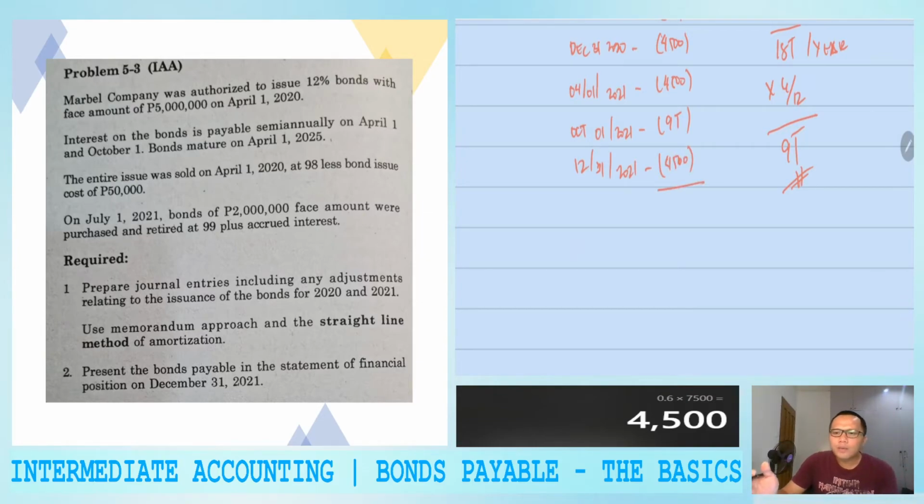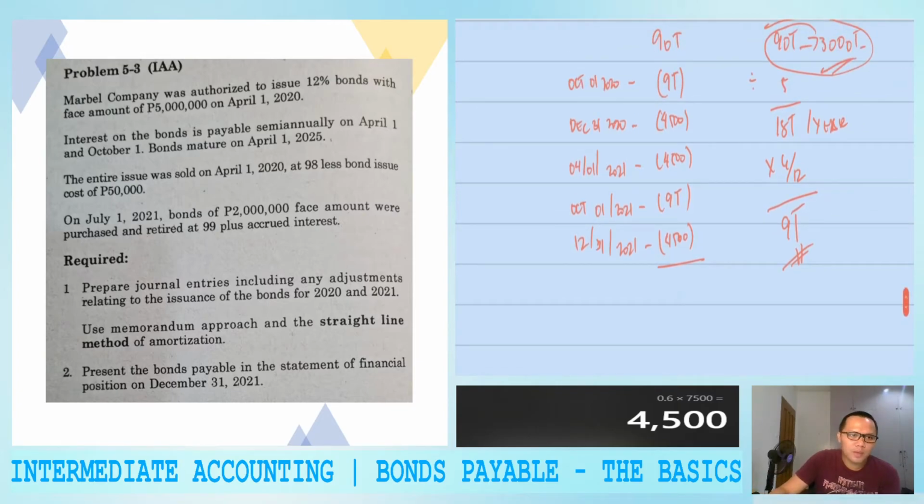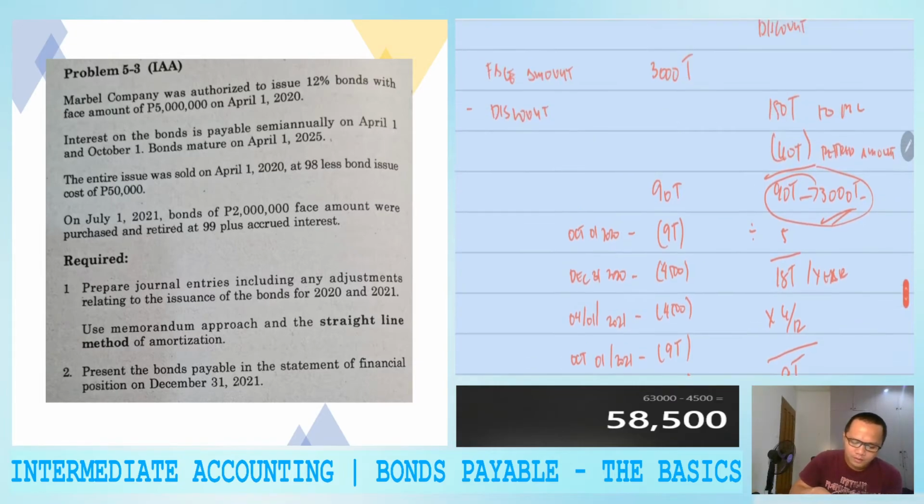So the remaining balance of the discount on bonds payable, or the unamortized discount on bonds payable, we have 90,000 minus 9,000 minus 4,500 minus 4,500 minus 9,000, we have 58,500.